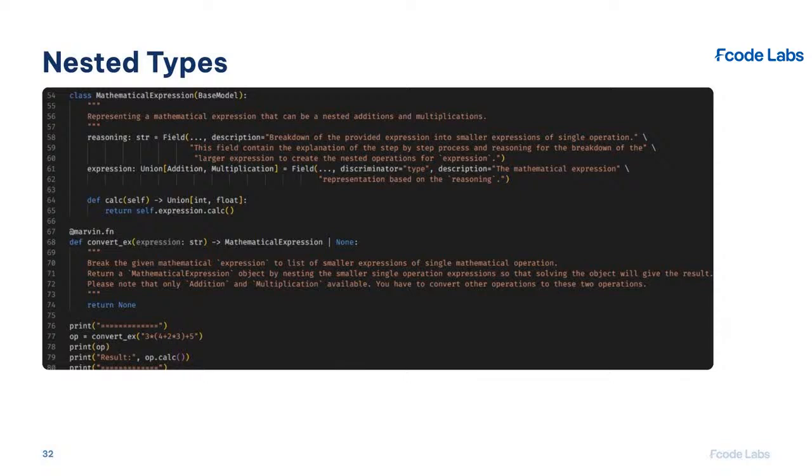Again, I have the calc function, just calling the expression's calc function, and I've written the function to convert the given mathematical expression in a string to a mathematical expression object. And I call it with a long mathematical expression. It has brackets, and inside the brackets there are also expressions. And I print the result by calling the calc function.